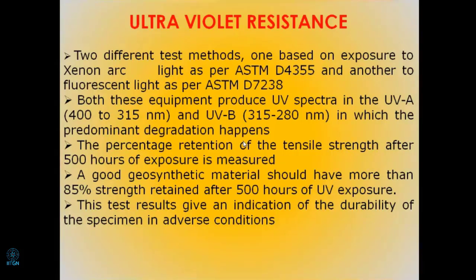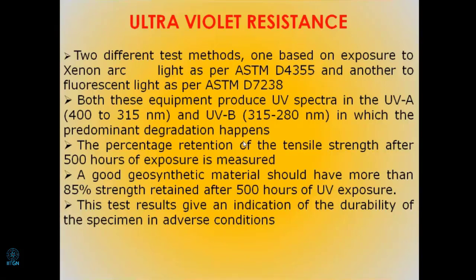Then we put the samples in the equipment, xenon arc or fluorescent light exposure, for 500 hours. After 500 hours, we again conduct the tensile strength test. How much is the reduction in the tensile strength after the exposure of samples up to 500 hours in both the equipments?